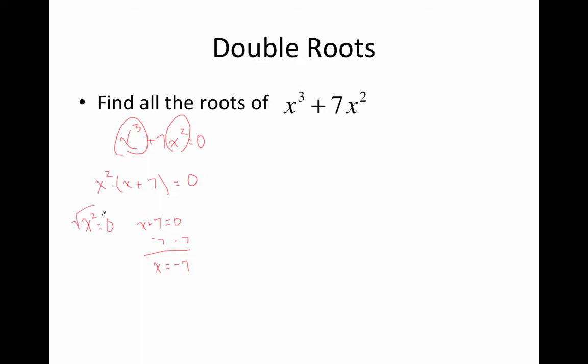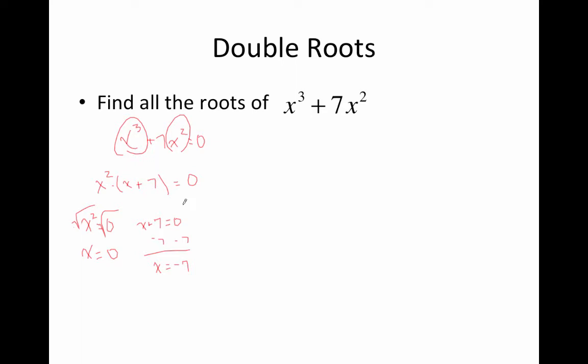If I take the square root of both sides of x squared equals 0, well, x is going to equal 0. Now you might be thinking, well, what about the plus or minus? Well, 0 doesn't have a sign. 0 is just 0. Then you also might be thinking, well, I only have two numbers. How come there's 3 roots?